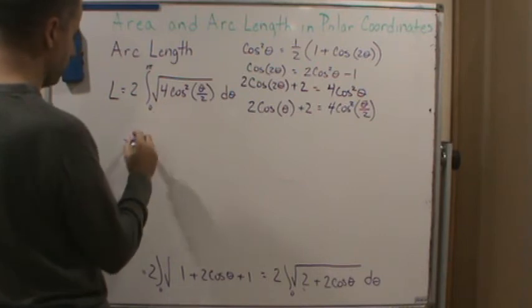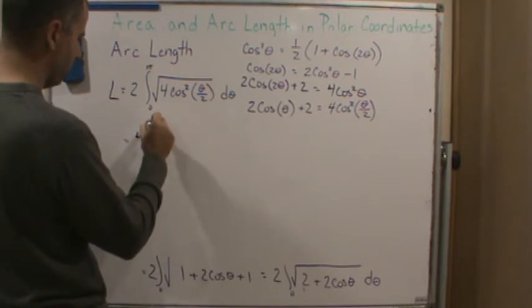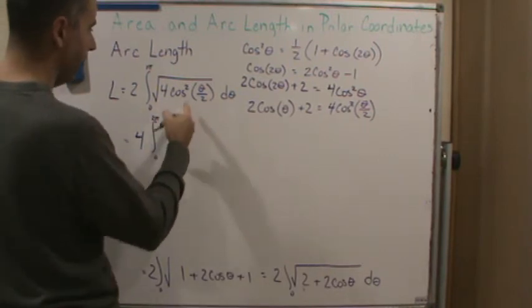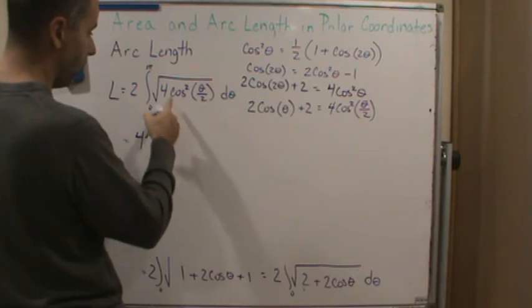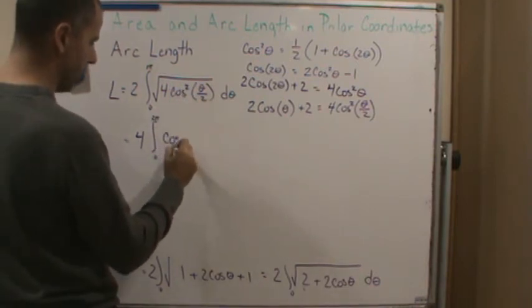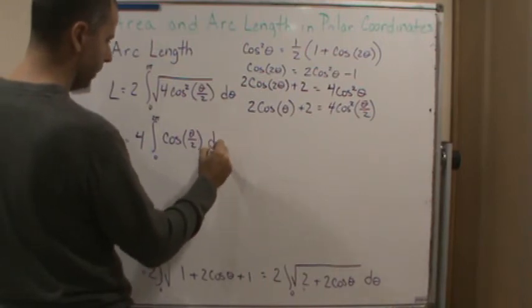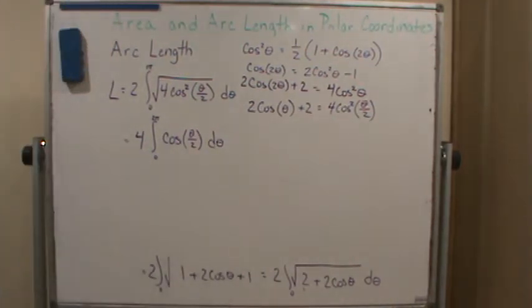I get another 2, so this is 2 times 2, which is 4, times the integral from 0 to 2 pi of the square root of cosine squared of theta over 2. That just gives me cosine of theta over 2 d theta. And look at that, now I can integrate this all day long.